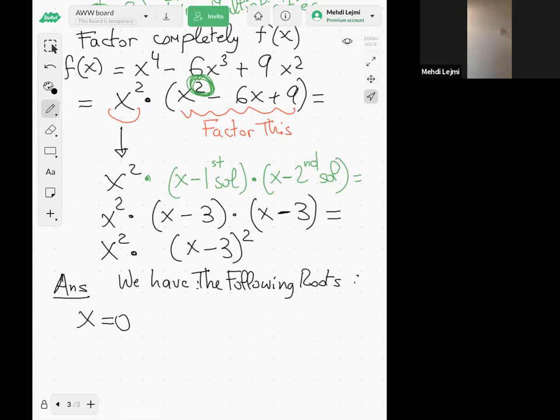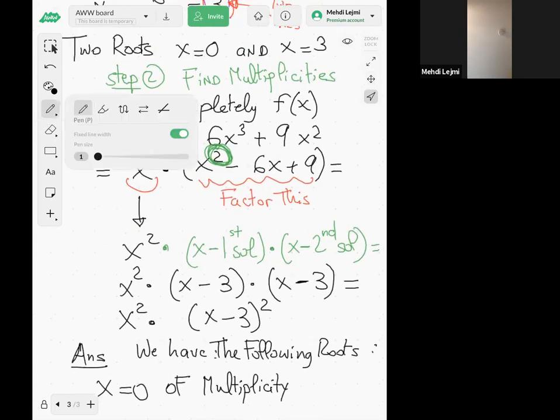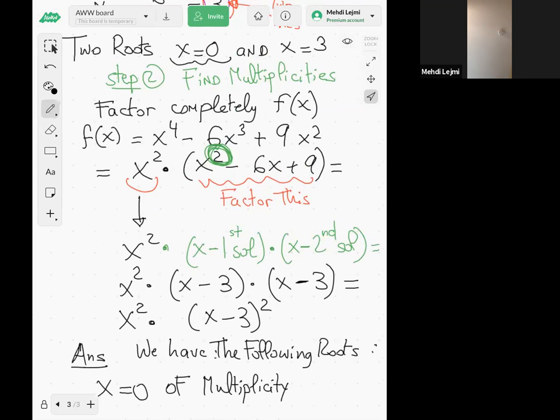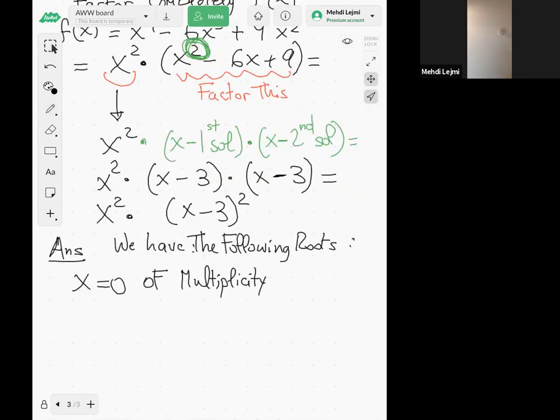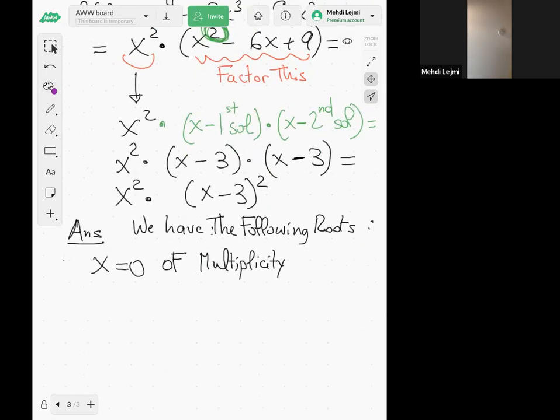What's the multiplicity of 0? What's the power of x minus 0? Again, guys, we said we got two roots, x equal to 0 and x equal to 3. So the multiplicity of 0 is 2 because the power of x minus 0 is 2.